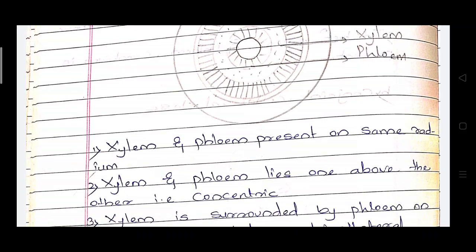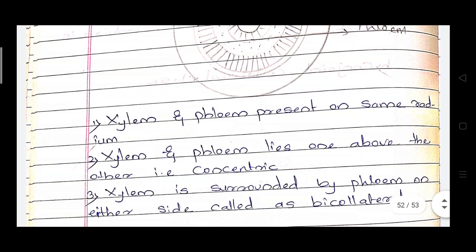In bicollateral, the xylem and phloem are present in the same radius, lying one above the other, and the xylem is surrounded by the phloem on the other side. That's why this condition is called bicollateral.